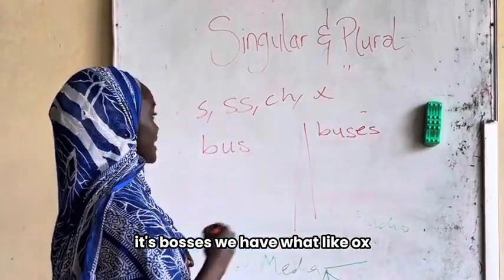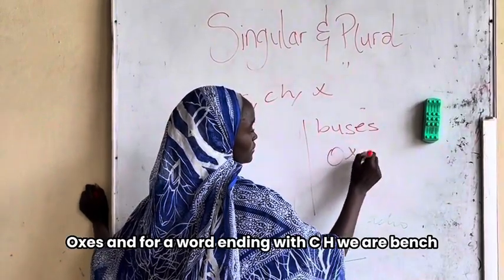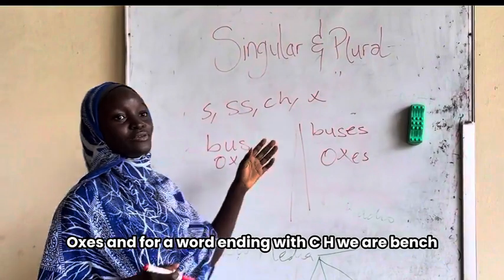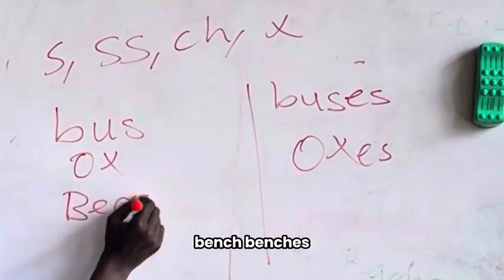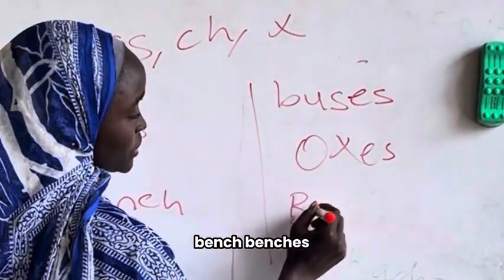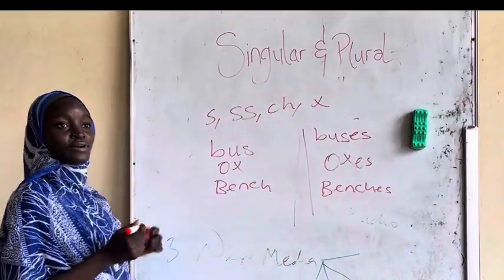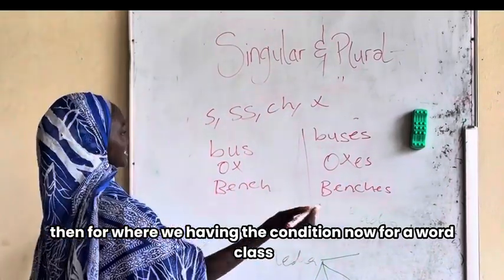We have a word like box, boxes. For a word ending with ch, we have benches. Then we can listen now. For a word class, classes.